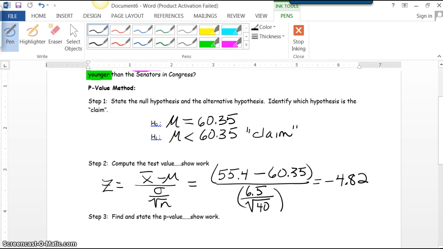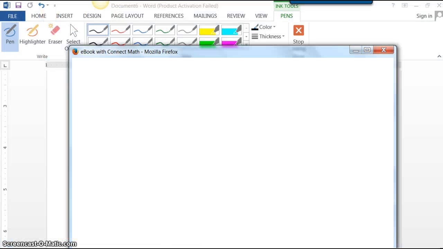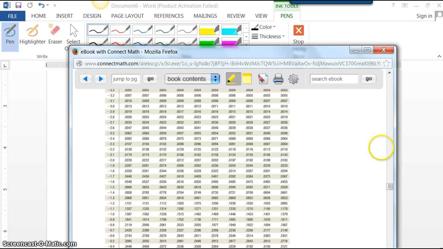To find the p-value, what we do is we look this up, the test value, on our z-table. So we'll be going to our z-table. We'll be looking up negative 4.82, and we'd like to find the area in the tail to the left of that. Now, this is interesting because there is no 4.82 on this table.